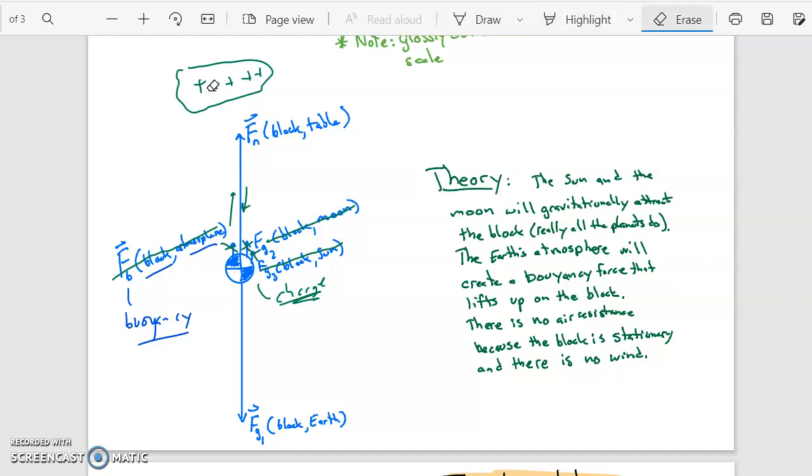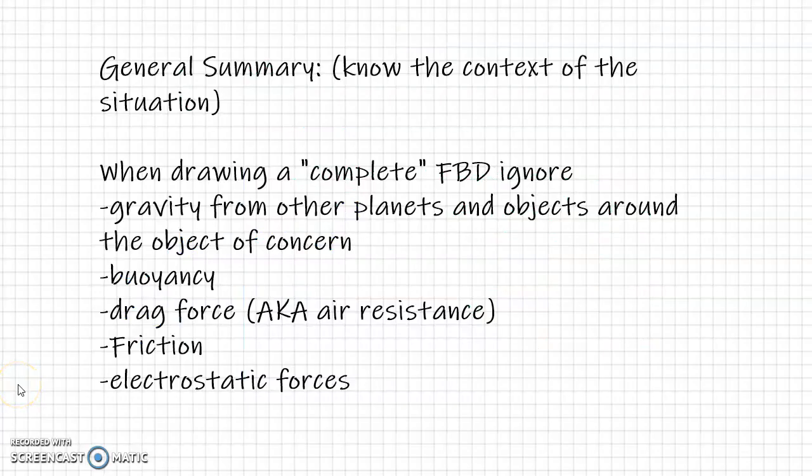Again, these are all things that are true forces, but they only play such a small percentage of the overall force that we basically say, the word we use in physics is negligible. If something is negligible, we basically say its effect is so small that it doesn't matter. That's going to be the case with pretty much all of these extra forces that we're just not going to consider. Okay, so here's a general summary of the problem.